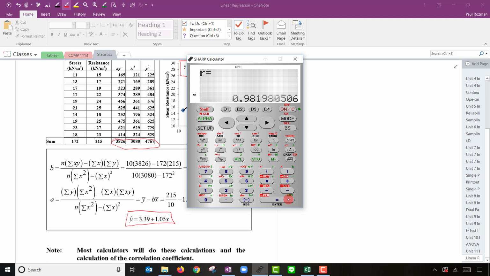I only did the first three values, and it was still a nice high correlation value. And you can get your slope and intercept from the parenthesis buttons. So alpha, left bracket is your A, and alpha, right bracket is your B. So it gives you the equation of the line.